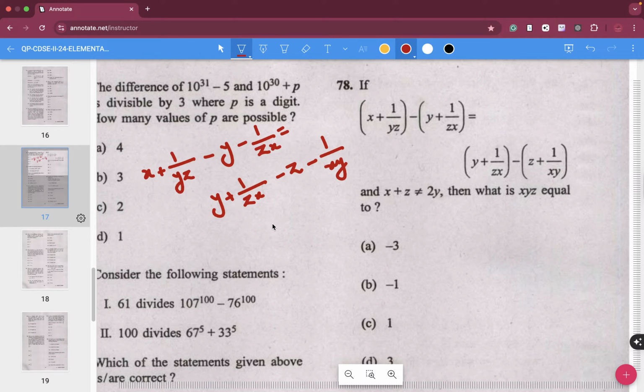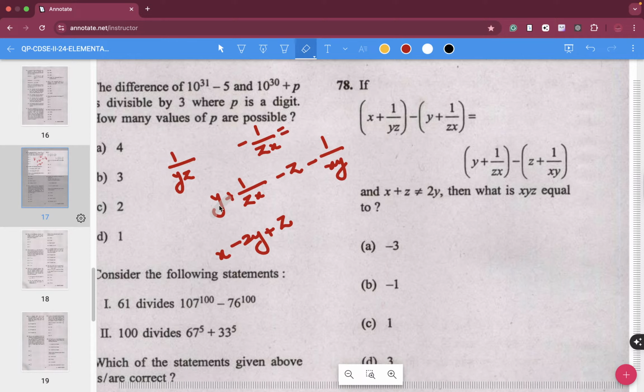Now I'm just putting x over here, and for y we have 2 times y. If I bring it to the left hand side it is minus 2y, plus z, this z will become plus. So what are we left with? x is gone, y is also gone, isn't it?